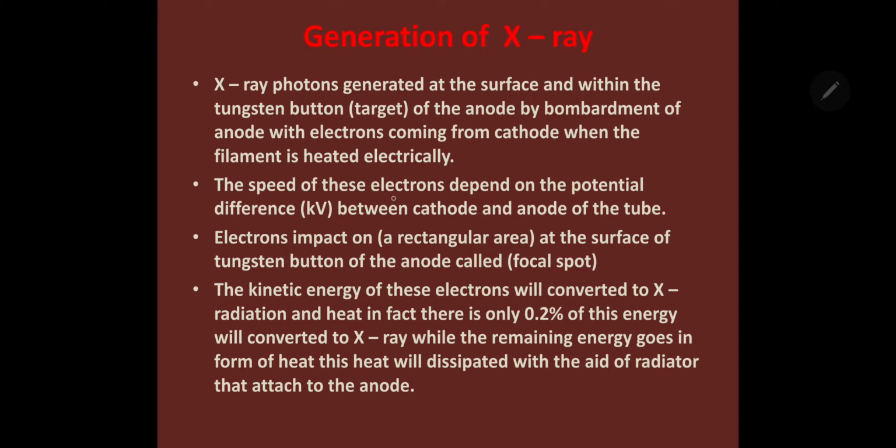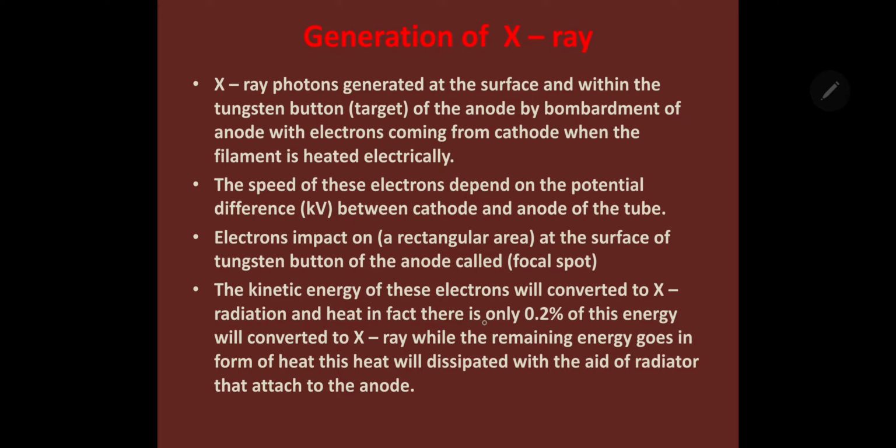The speed of these electrons depends on the potential difference, kilovolt, between cathode and anode of the tube. Electrons impact on a rectangular area at the surface of the tungsten button of the anode called the focal spot. The kinetic energy of these electrons will convert to X radiation and heat.